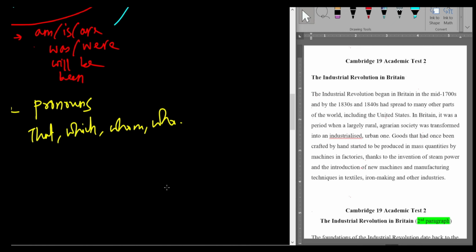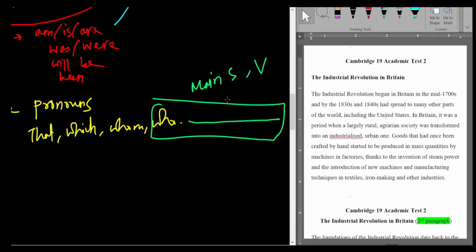If we find a relative pronoun while reading, we will not consider the later part after the relative pronoun as important. This means we will not try to find our main subject or main verb after the relative pronouns. We will completely disregard the later part after these relative pronouns.